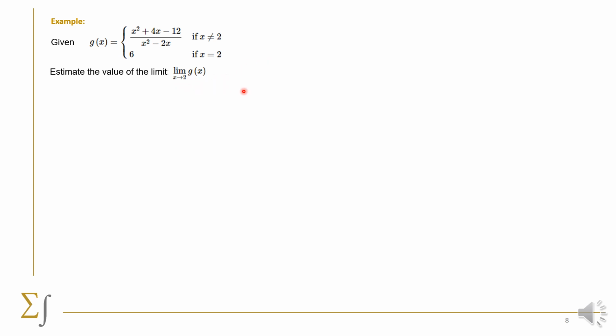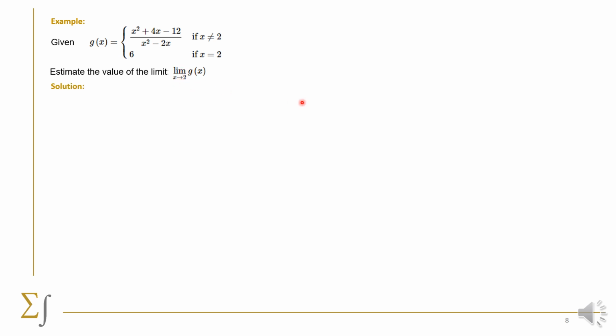In this example, we are trying to make you understand that the limit doesn't mean substituting 2 for x. Or whenever we have x goes to a, it doesn't mean that the limit is equal to the value of the function evaluated at a, whatever the a is.